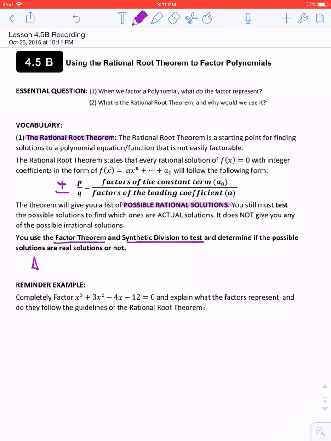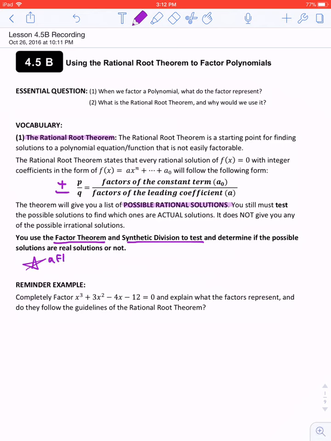So, super incredibly important. After we do this list, when you test with synthetic division, a true zero will end with a remainder of 0. Okay?